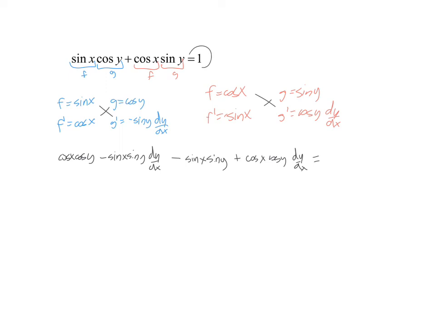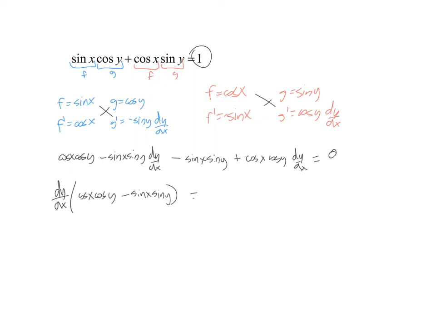And on our original equation we had equal to 1, but that derivative would be 0. So it looks quite confusing, but you can see we have lots of similar terms. So let's see what happens. Let's factor out our dy/dx on the one side. So that would give us cos x cos y minus sine x sine y.